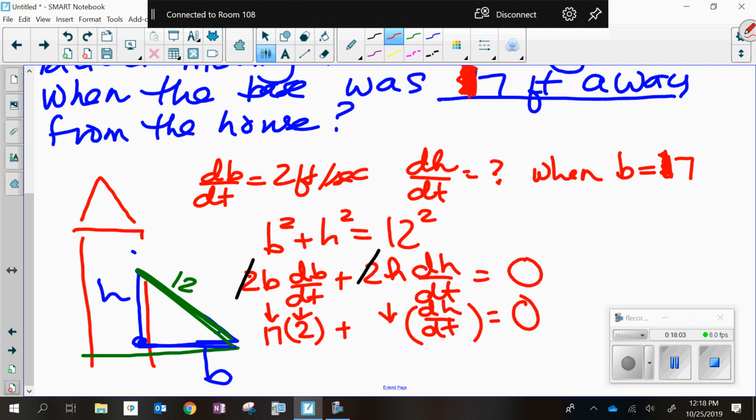All right, find that h. b squared plus h squared equals 12 squared. Okay, so b squared is 17 squared, 289. h squared is, all right, so what's h squared? 49 from 144? Okay.